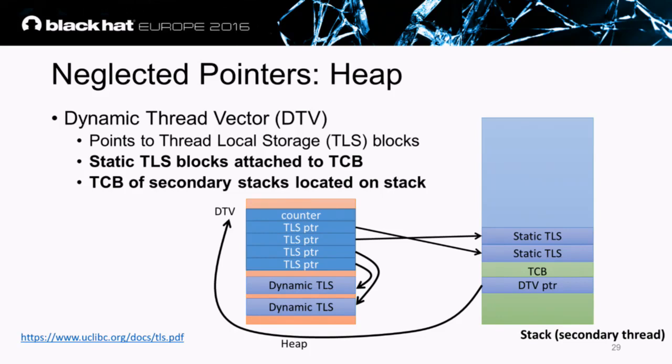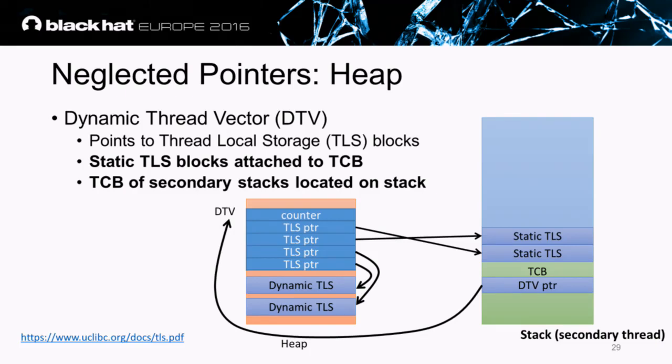This module has its own thread-specific values, which it stores in its own thread local storage block. Libraries and modules that are loaded with the program at the load time of the program create static TLS blocks, and libraries that are loaded later during runtime create dynamic TLS blocks.